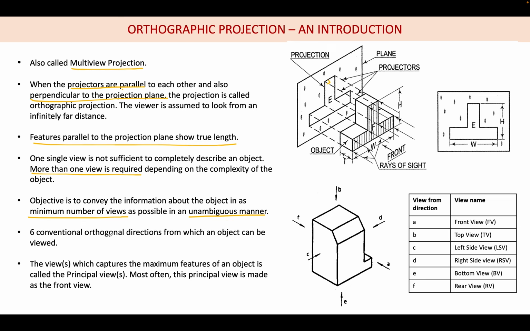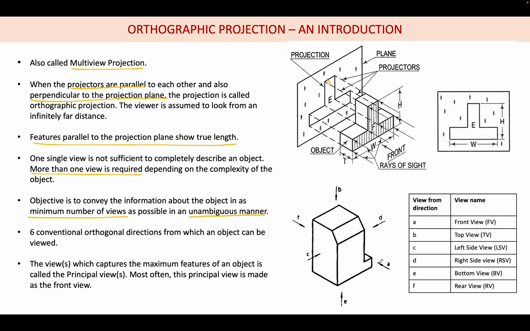So there are totally 6 conventional directions from which an object can be viewed. Here you have A, B, C, D, E, F. These 6 are the total number of orthographic views which we generally use. The names are given here.